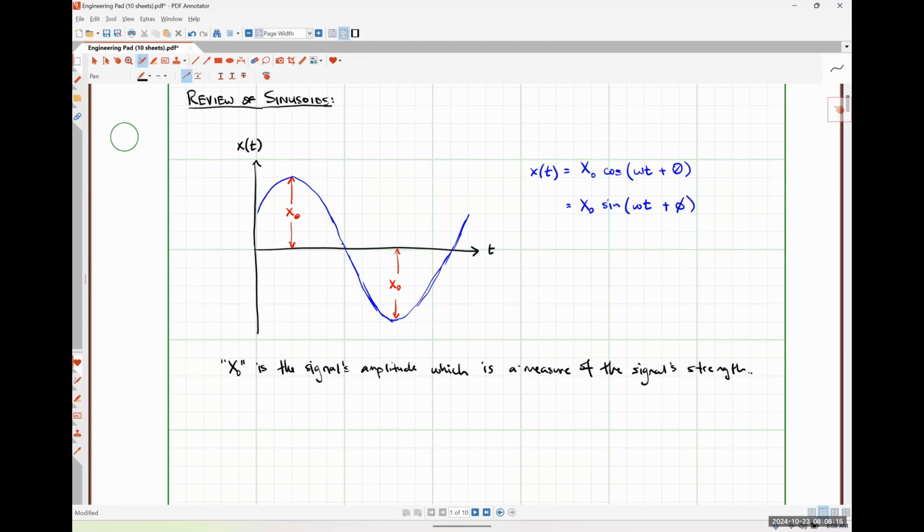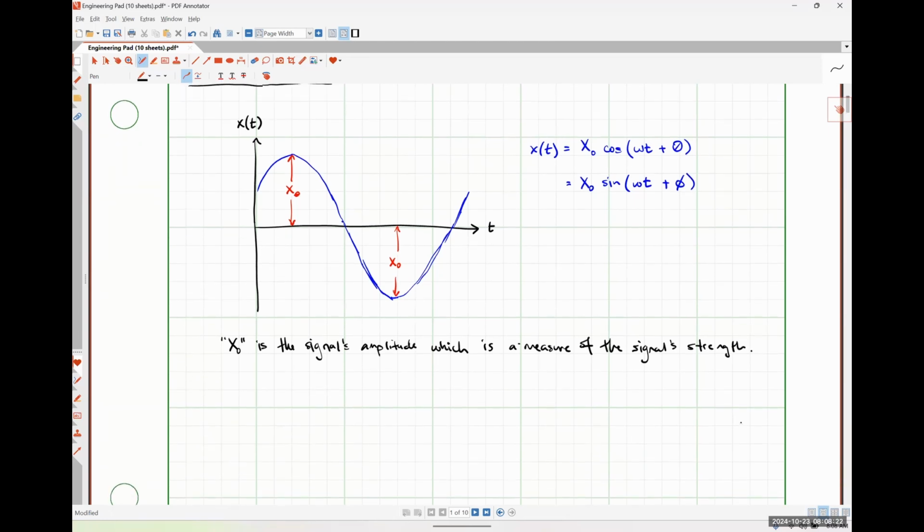So this is just effectively a scaling factor that lets us know how much larger than 1 this sinusoid is, okay? Now let's talk about omega.